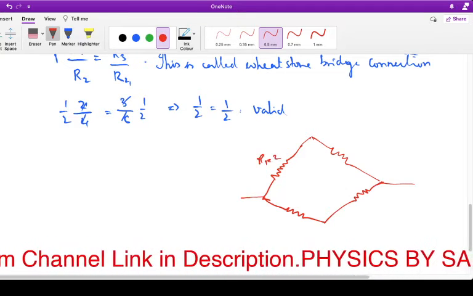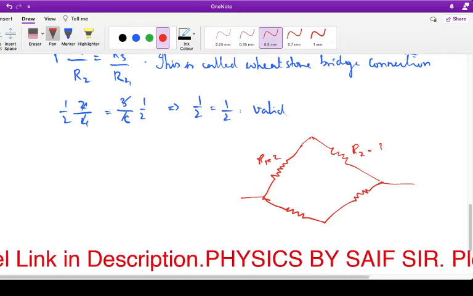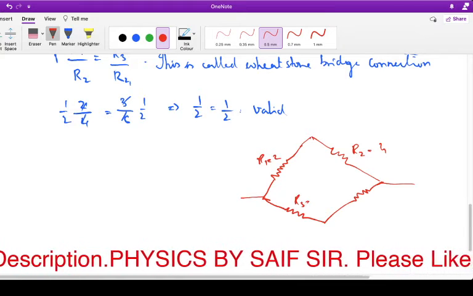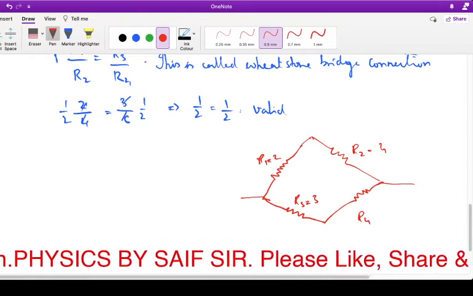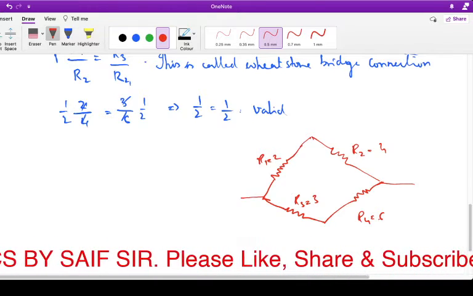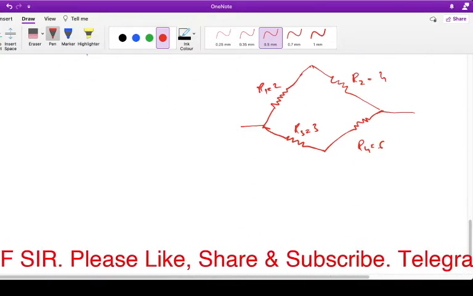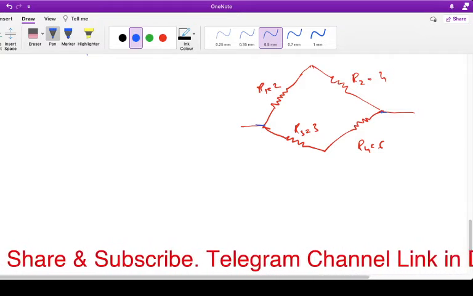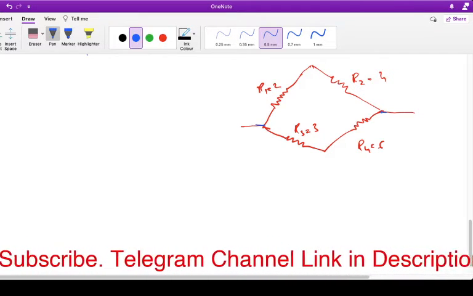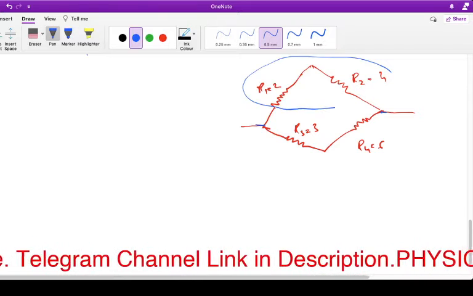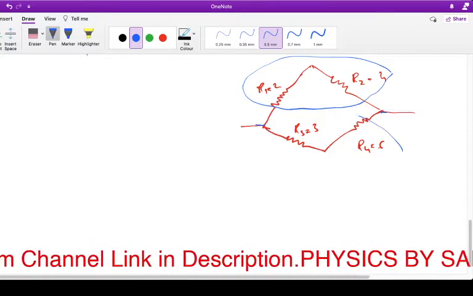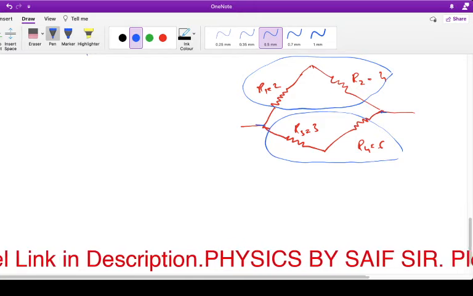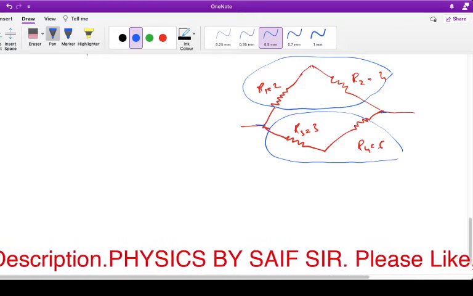R1 is equal to 2, R2 is equal to 4, R3 is equal to 3, R4 is equal to 6. Now we have to find R equivalent of this circuit. Now you can say that these are both terminal points, and this upper part is in series. Okay, and this below part is in series. So you can write the circuit in this form now.